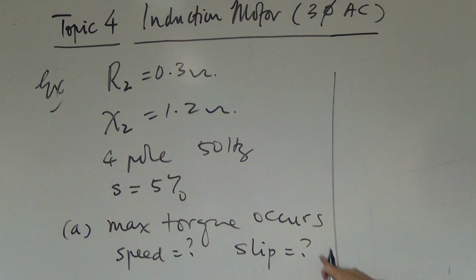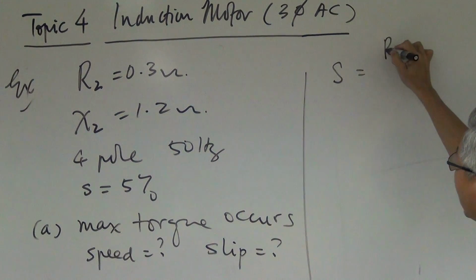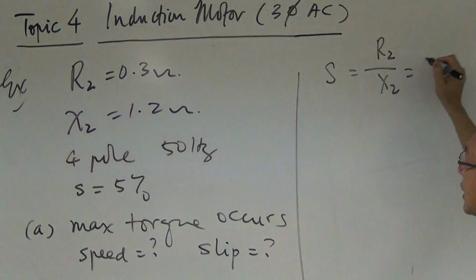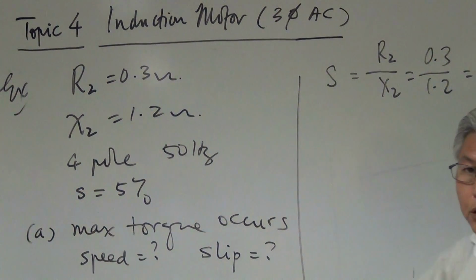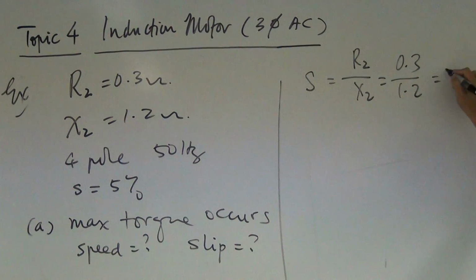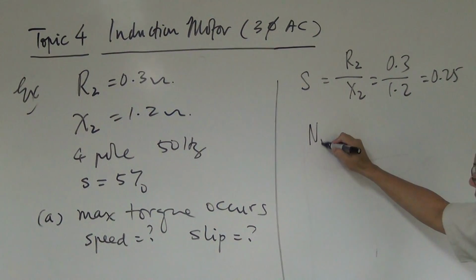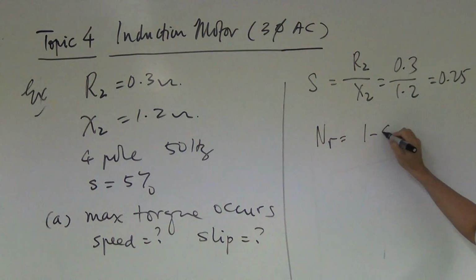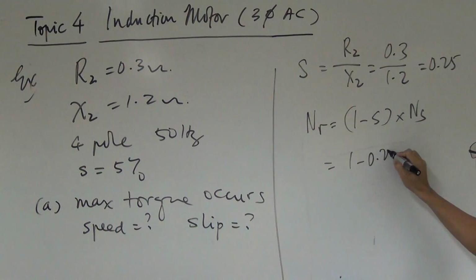Now maximum torque, what's the condition? If you still remember, S is equal to R2 over X2. In this case it's 0.3 over 1.2, and the answer is 0.25. And find the speed. Speed means NR. NR is equal to (1 minus S) multiplied by NS. So that's 1 minus 0.25.